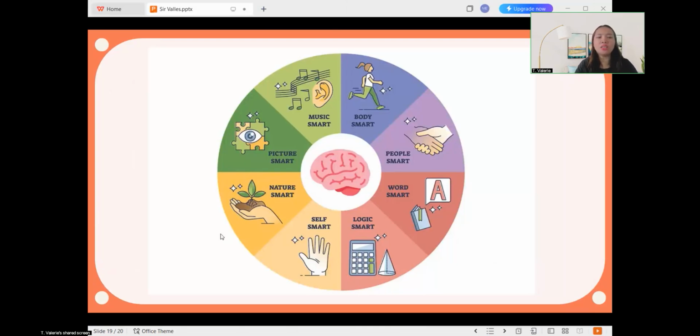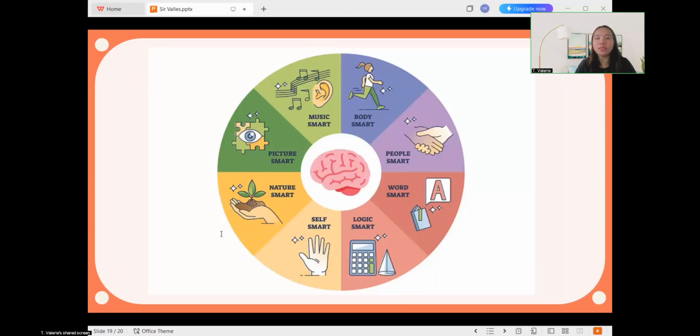Now let's have the logical mathematical intelligence. Logical mathematical, meaning these students are good at math. They have the ability to calculate, quantify, consider propositions and hypotheses, and carry out complex mathematical operations.